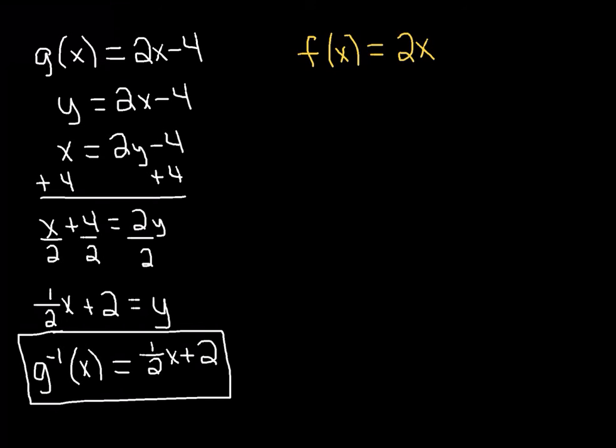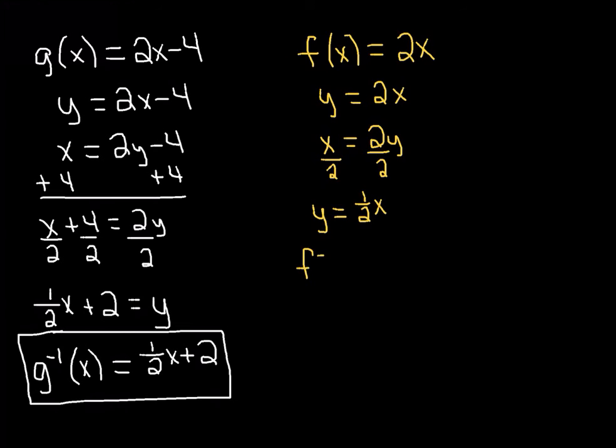Let's say that f of x is equal to 2x, just changing some notation around. So y equals 2x, and then switch your x and y. So x equals 2y. Solve for y, and we get y equals 1/2 x, or x over 2. So we can say that the inverse of f of x is equal to 1/2 x.